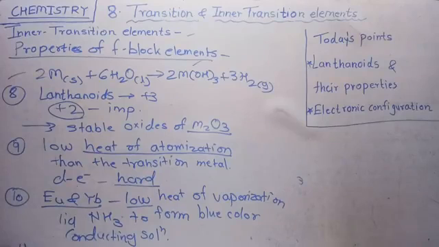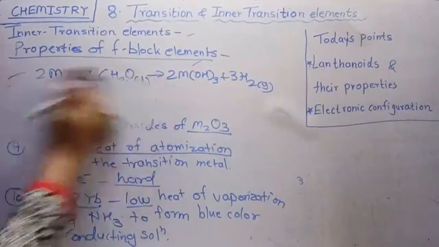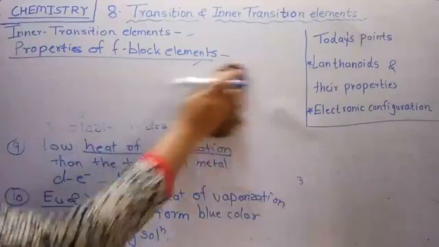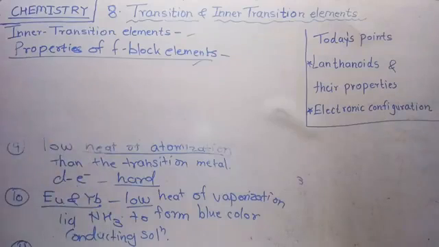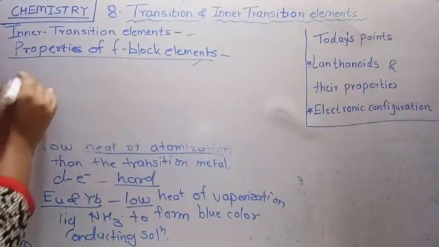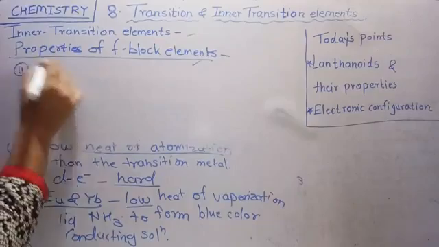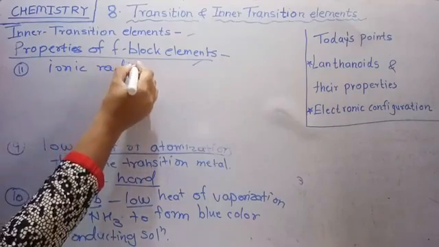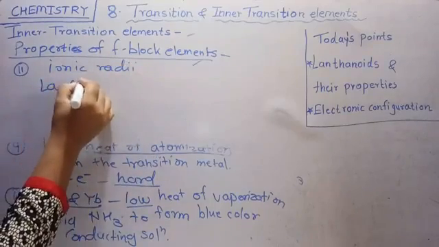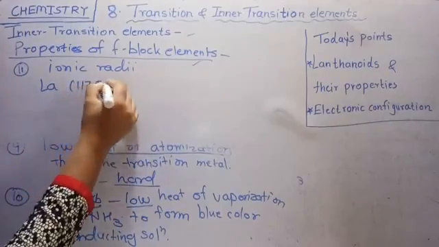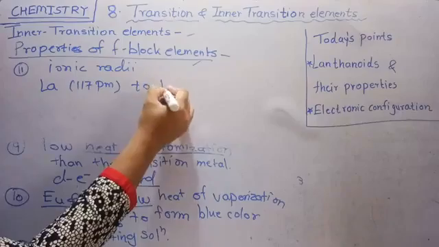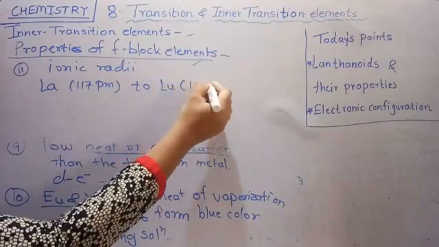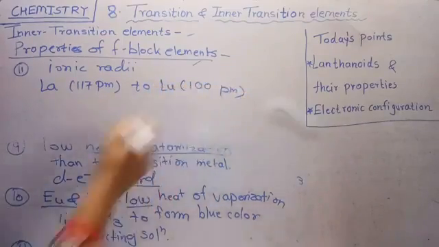Then there is the next one, their ionic radii. The common oxidation state for the lanthanides is +3. Their ionic radii decrease from lanthanum, 117 picometer, to lutetium, 100 picometer.